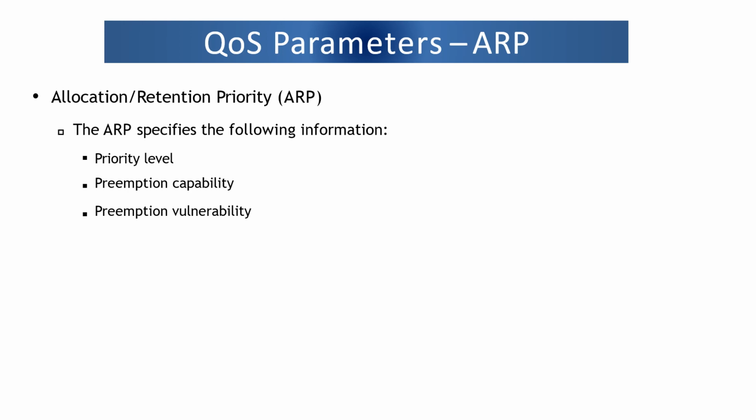Because the EPS QoS attributes sent to the UE do not contain the ARP, whenever the bearer is set up, the parameter has no impact on the data forwarding mechanism on the bearer. The data forwarding mechanism is determined by the QoS parameters such as QCI, AMBR, GBR, and MBR.